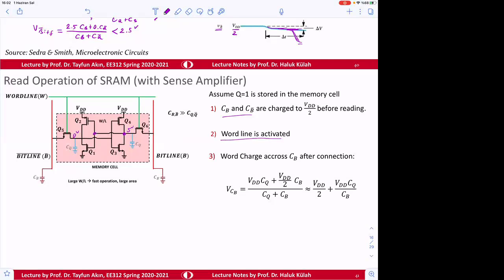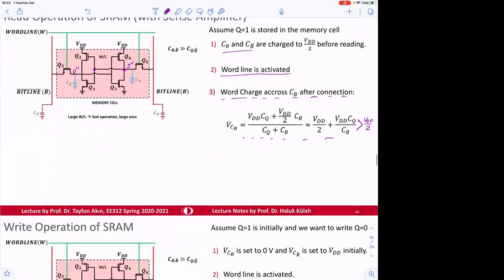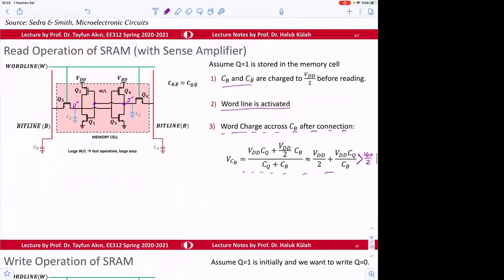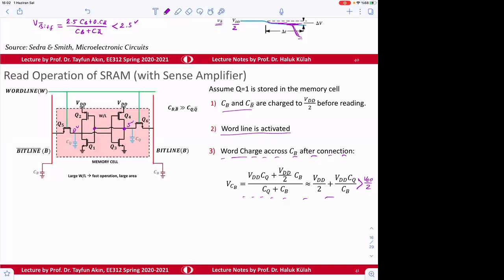And the word line is activated, and then this thing starts to charge, and the voltage is going to be slightly larger than VDD divided by 2. Okay, and then helpers arrive.